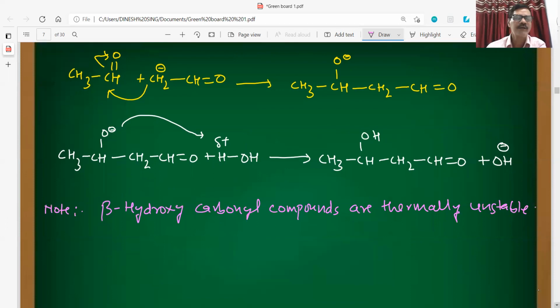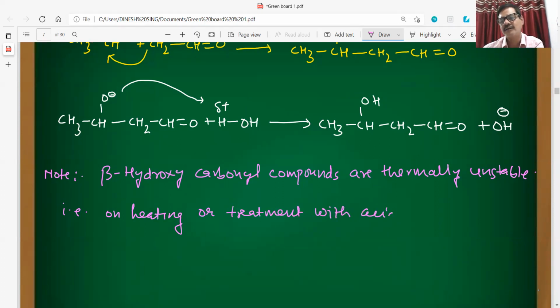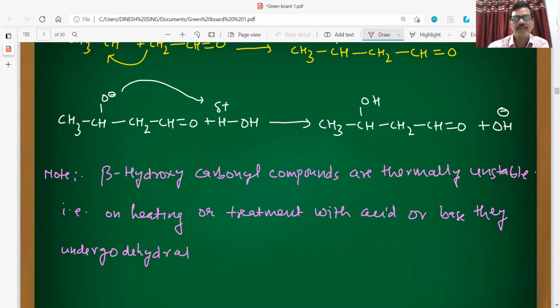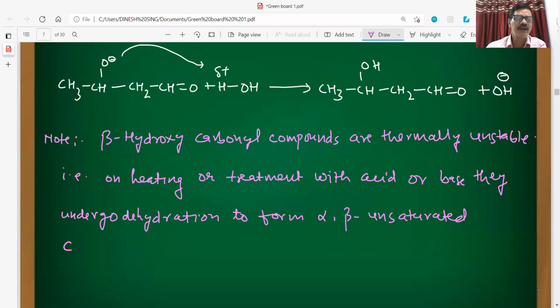That is, on heating or treatment with acid or base, they undergo dehydration to form alpha beta unsaturated carbonyl compounds.